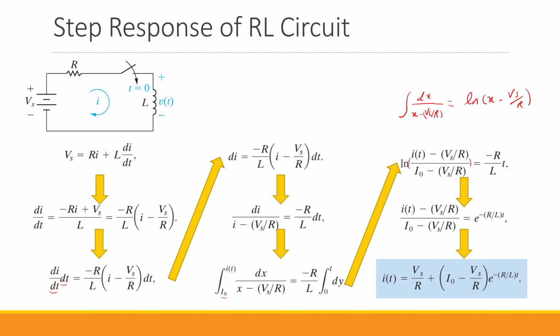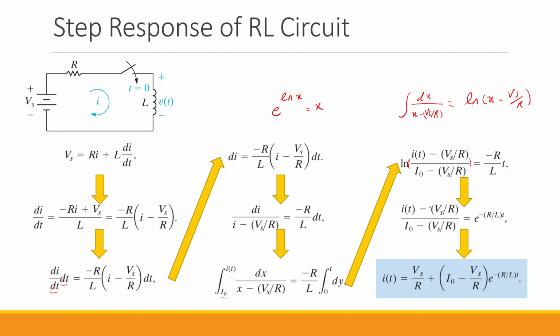So now to eliminate this natural log, what I do is that I take both sides of this equation to the power of e. You know that e to the power of natural log of x is x itself, right?